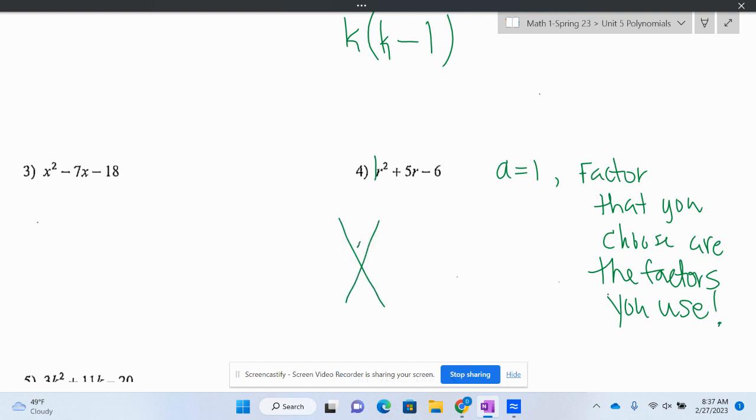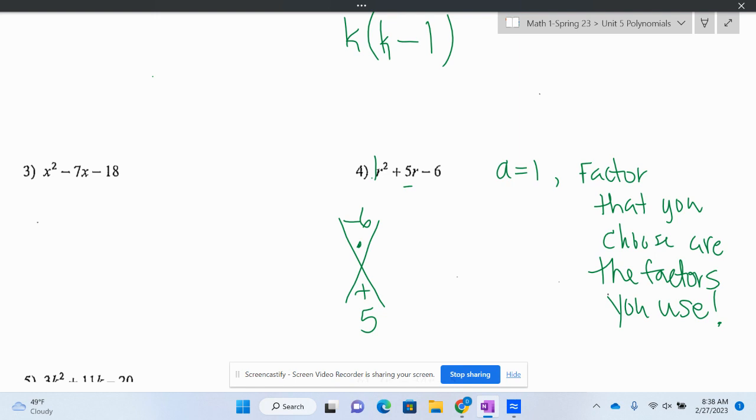So let's fill out my times plus. Times plus, times plus. Let's see. 1 times negative 6 is negative 6 and has to add up to a positive 5. Two numbers that I can multiply together to get negative 6, that when I add them, I get a positive 5.